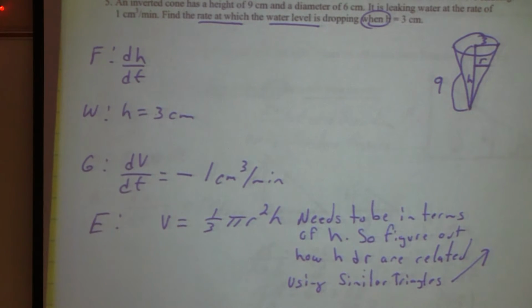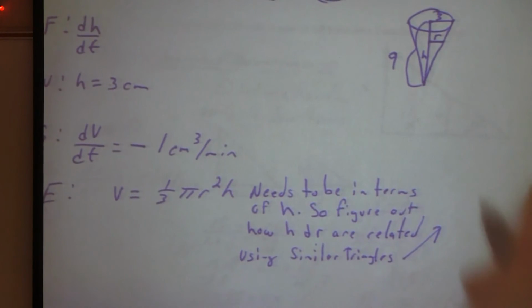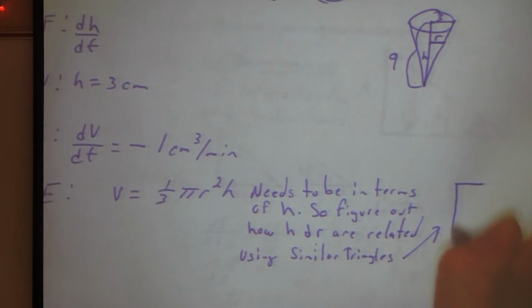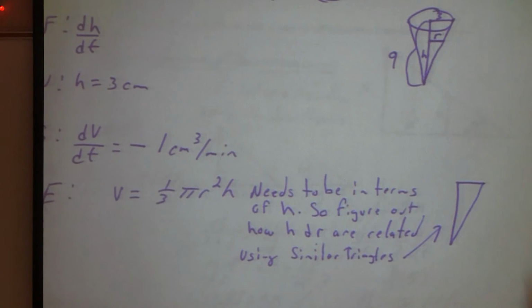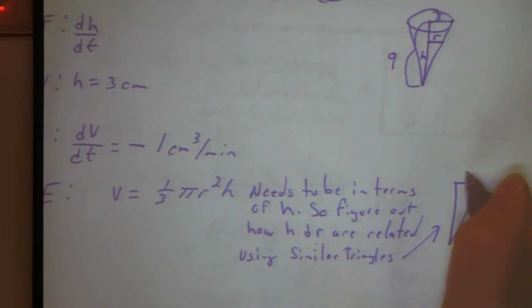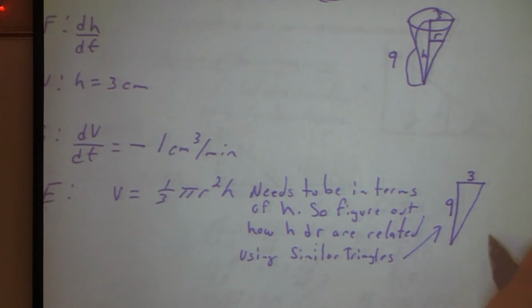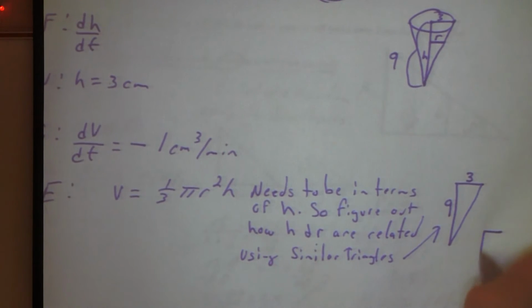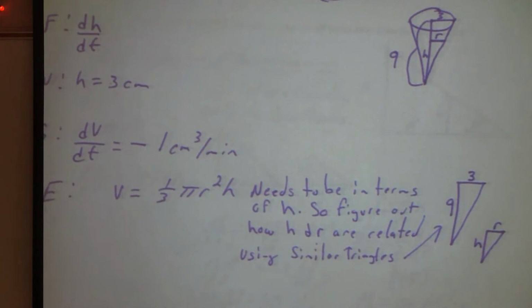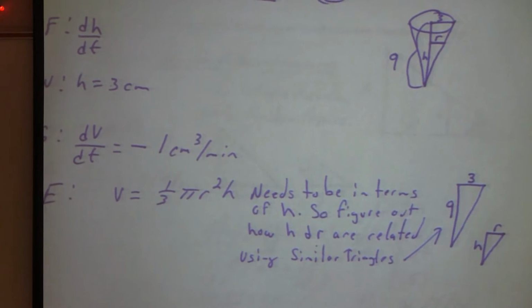Do you see the two triangles created there in the picture that I drew? We got a big triangle, and what are the measurements in that one? The top is 3, and on the side, 9. On the small one, wherever it's at, it's going to be r, and this is going to be h of it.